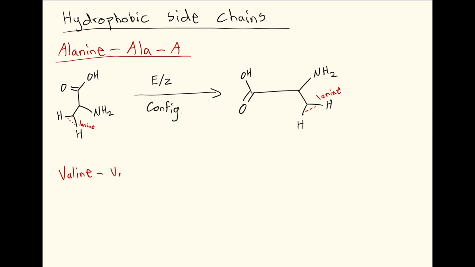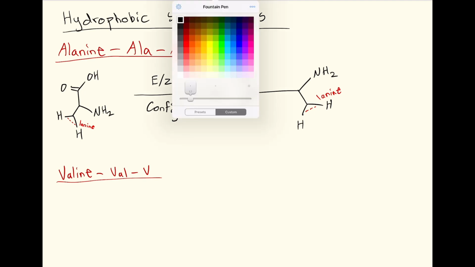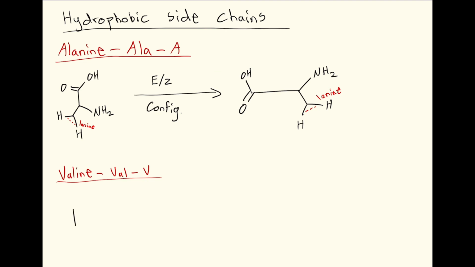Valine, VAL, 3-letter code, 1-letter code V. So now to draw the structure as before, we draw it like this. Draw it like this. And then OH pops out.